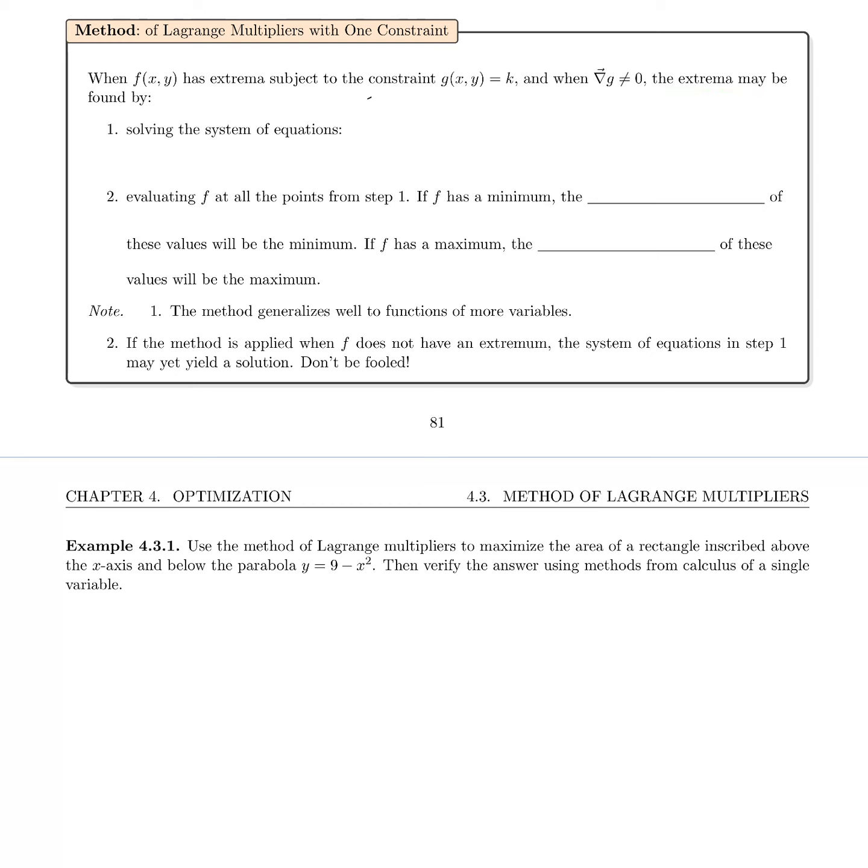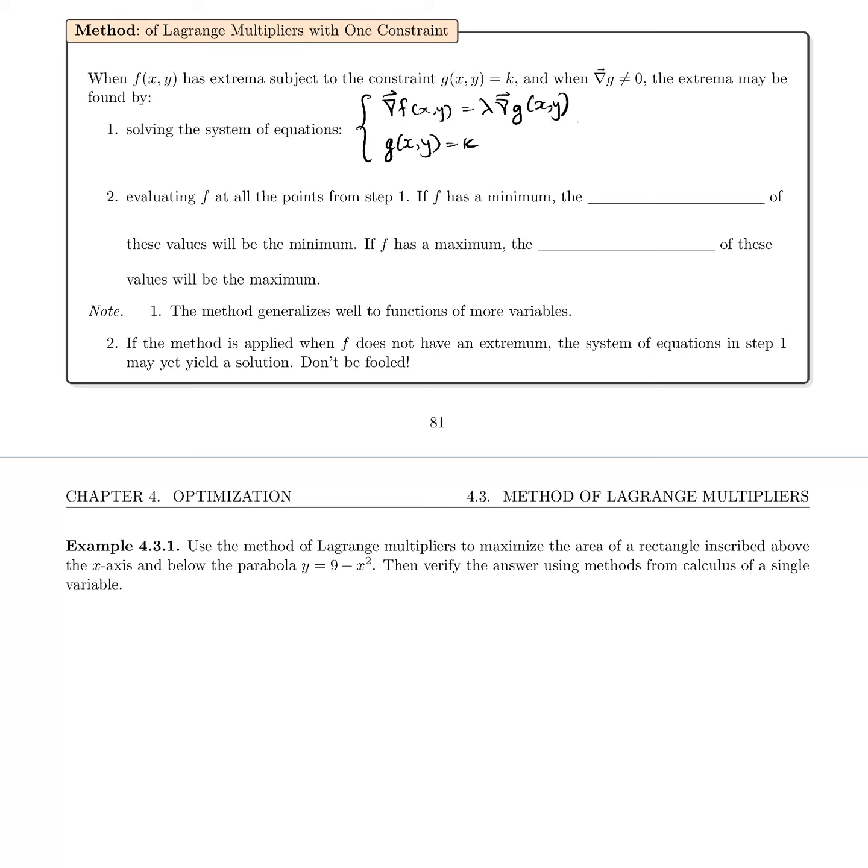system of equations is given by the gradient of f at x y, and the constraint curve, g of x y is equal to k. And it's worth pointing out that this is a vector equation, so actually that's two equations in one.